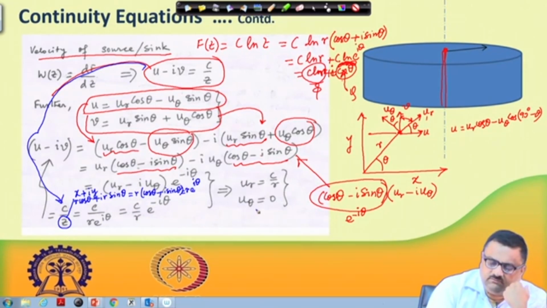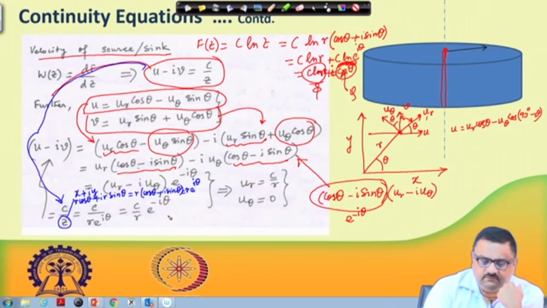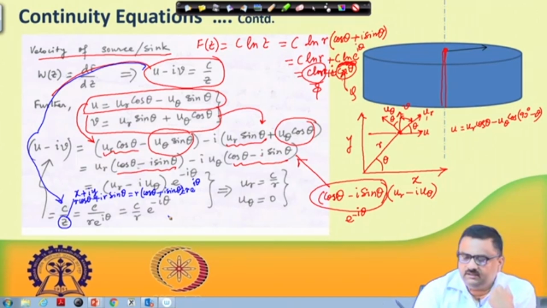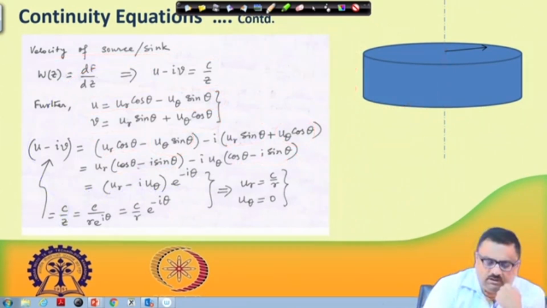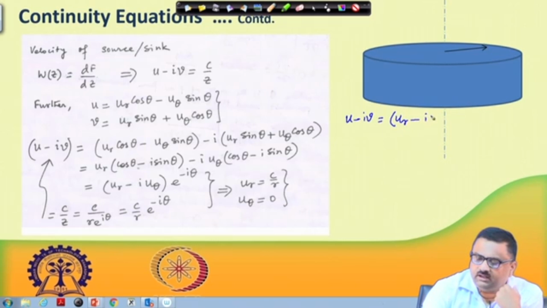So, if you look at this, essentially what do we get here? If we clear this entire thing up, on one hand u minus I v is equal to u r minus I u theta into e to the power minus I theta.